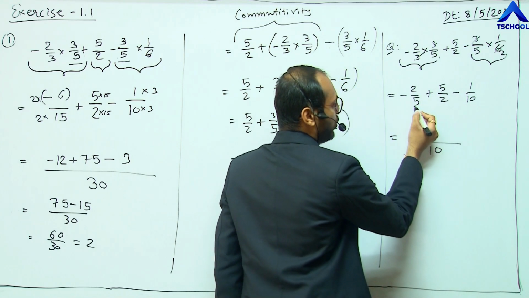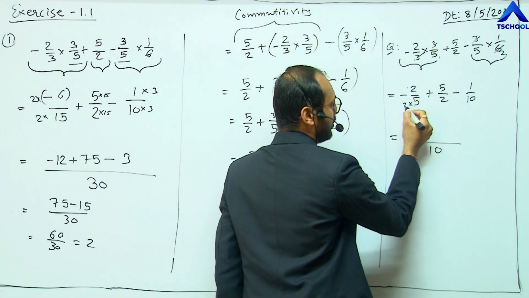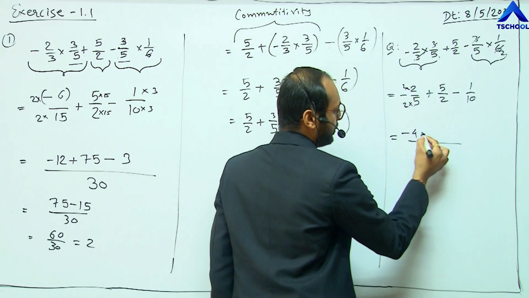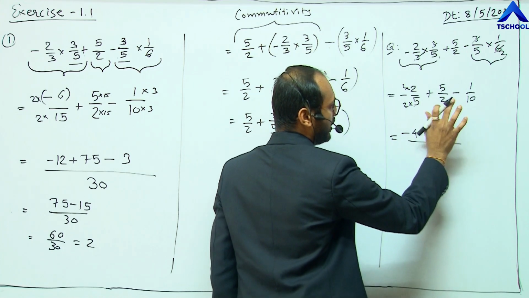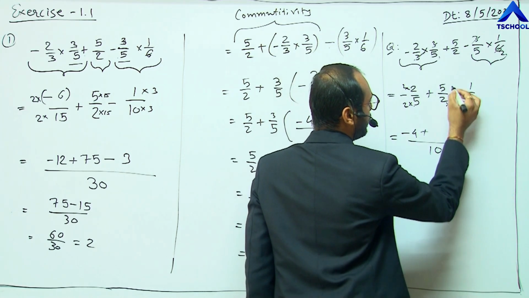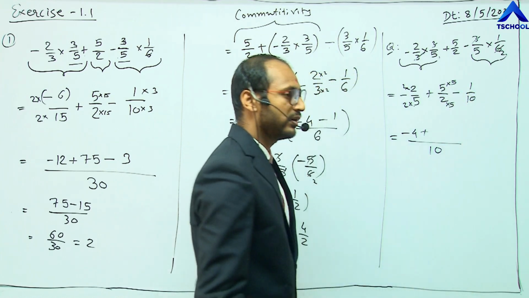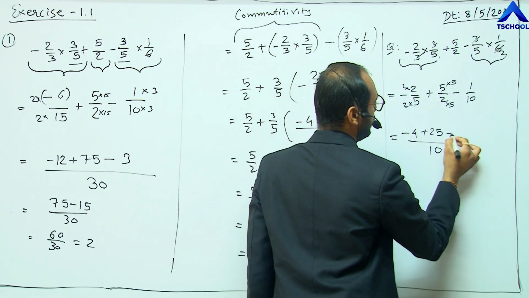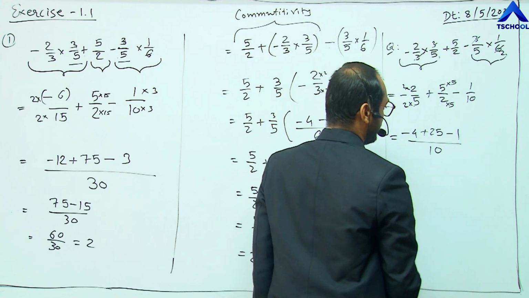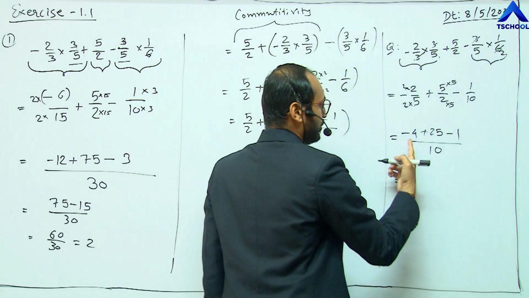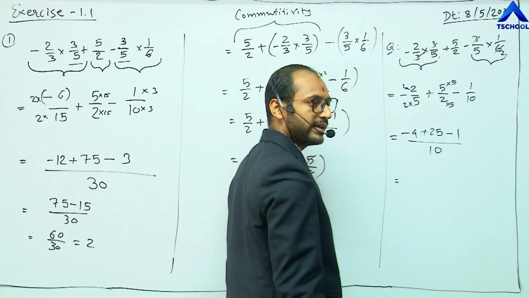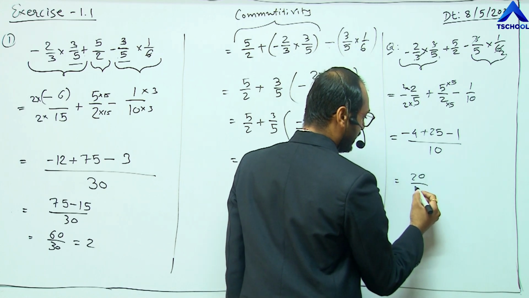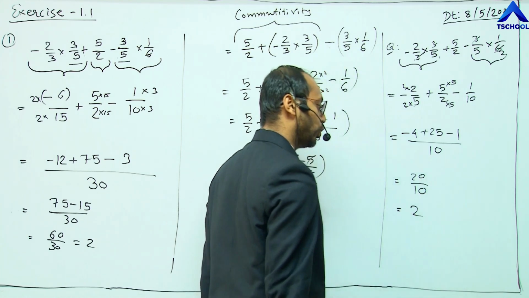Let me multiply by 2 in numerator and denominator. What we get? 2 2s are minus 4 plus, here to convert the denominator to 10, we have to multiply by 5 in numerator and denominator. So 5 5s are 25 minus 1 over 10. Now minus 4 minus 1 is minus 5. 25 minus 5 is 20 by 10. Answer is 2.